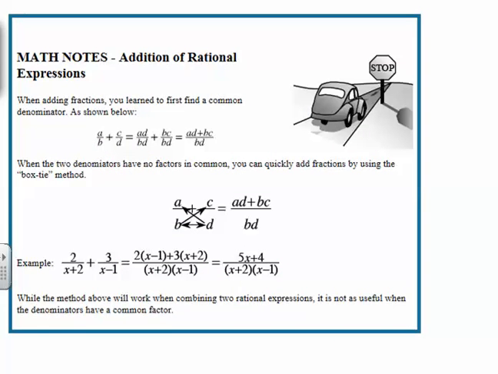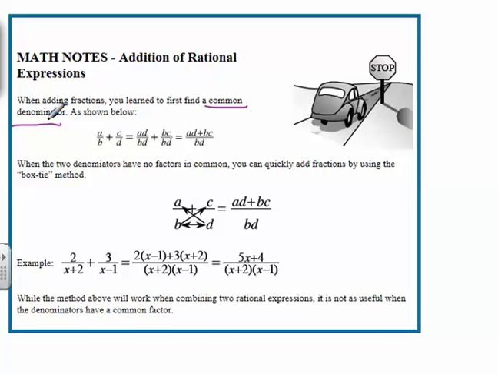Okay. All right, moving on to a review of addition of rational expressions. So this is the example of what I mean by rational expressions, where we've got fractions that have x's and things. Well, when you add rational expressions, in other words, fractions, you must have a common denominator. Remember that?